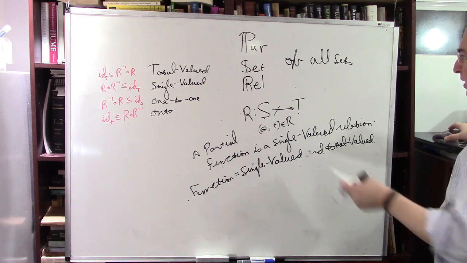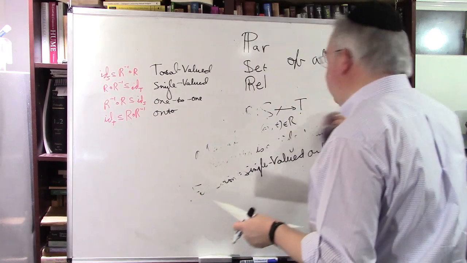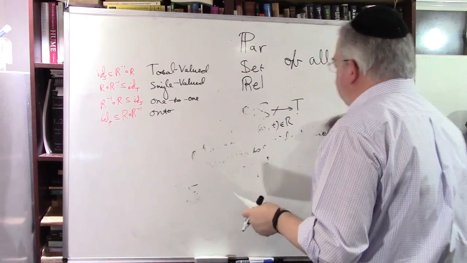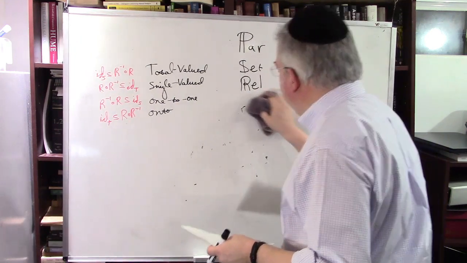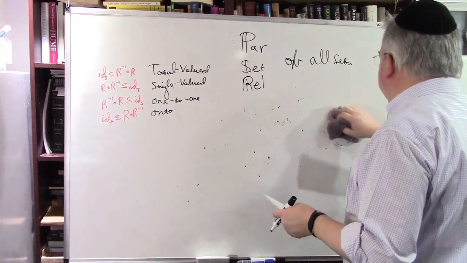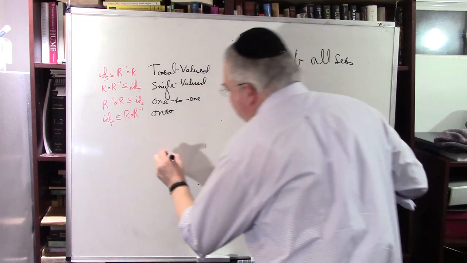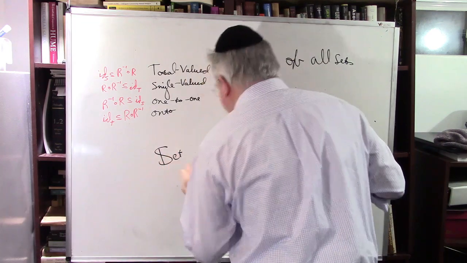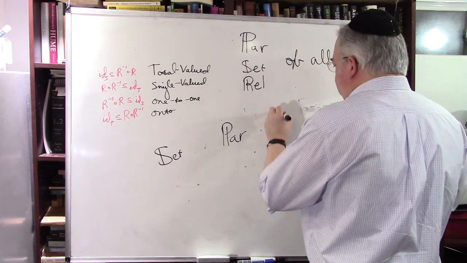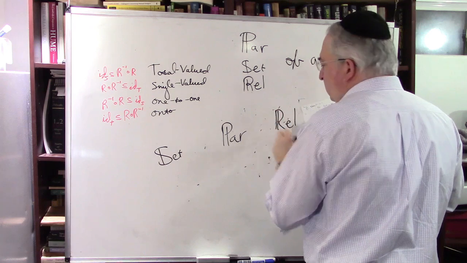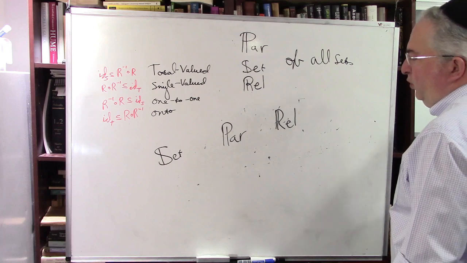I'd like to rewrite these three categories because they're very, very important. We're going to talk about Set every single day, every single video, but Par and Rel are also extremely important, and lots of examples show up talking about them. The way to think of them is as follows. Set, Par, and Rel: all three of these have objects that are all sets.